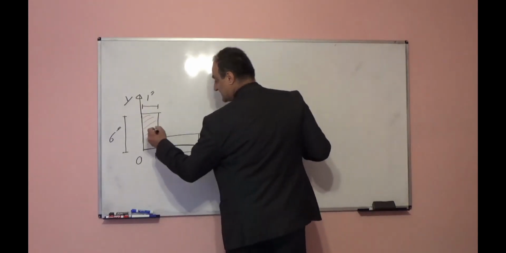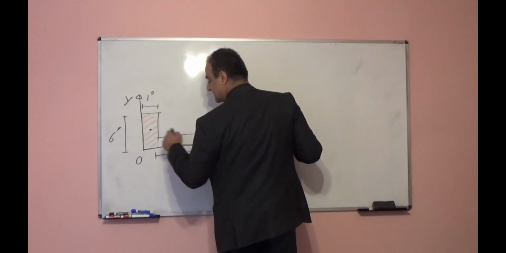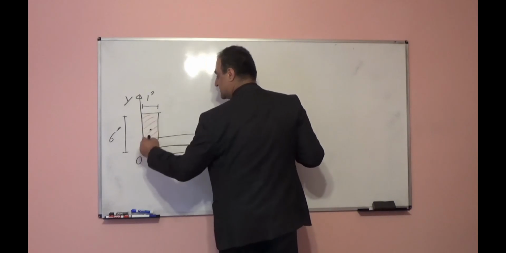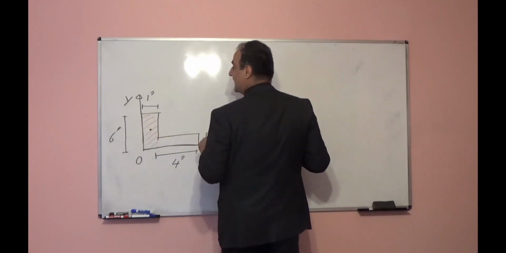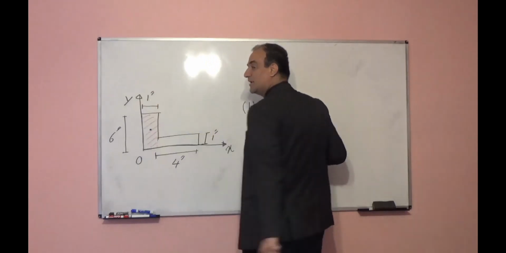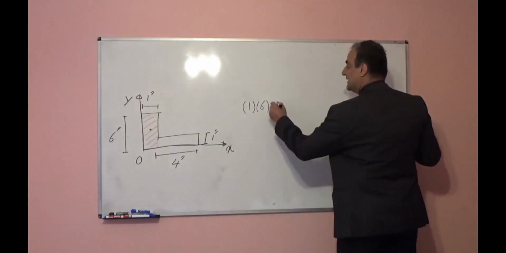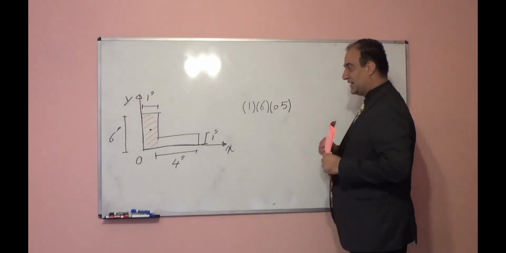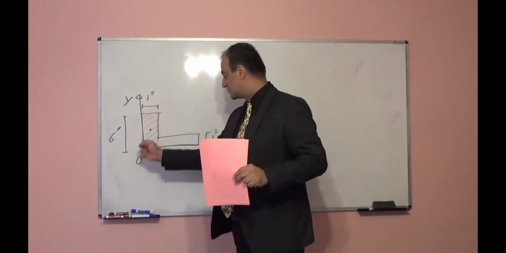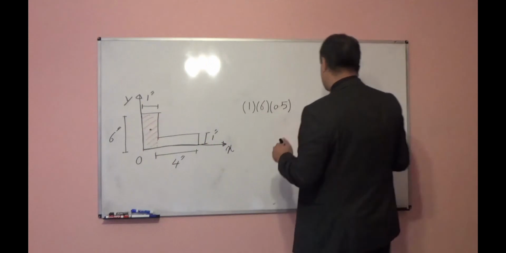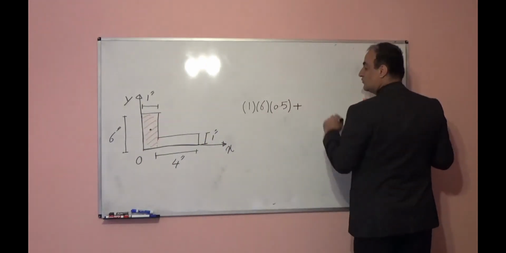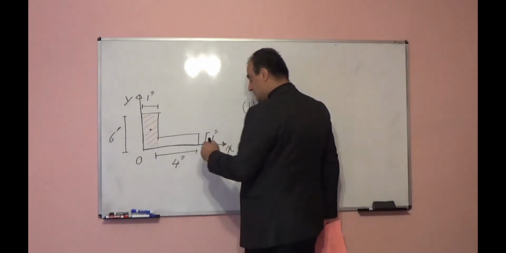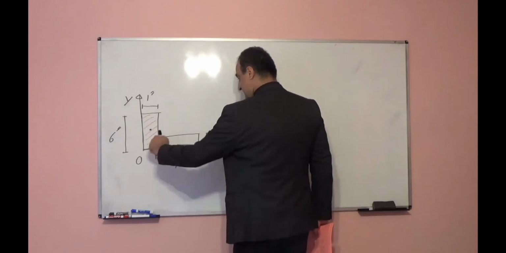The centroid is the midpoint, so up to y-axis it will be 1 over 2, it will be half. This is moment of area for rectangular number 1, plus moment of area for rectangular number 2.